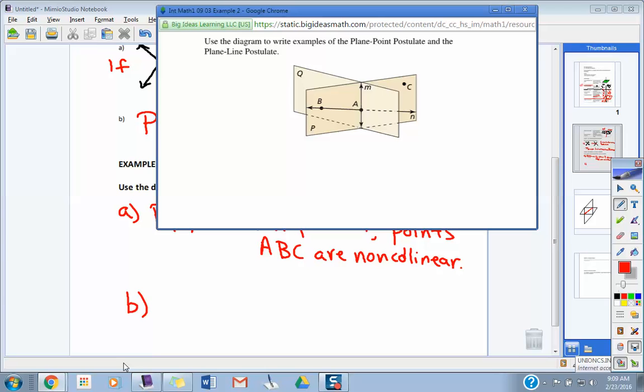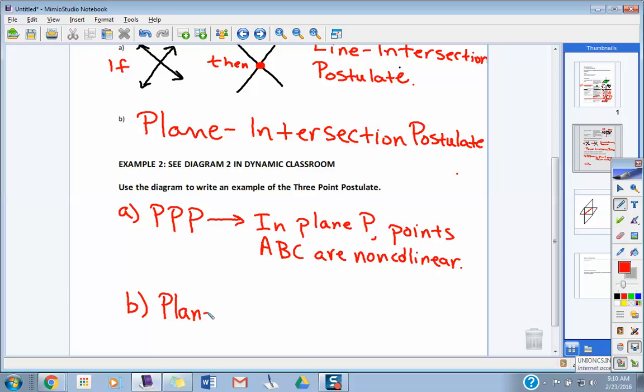So I'll write that: planes Q and P intersect at line M.